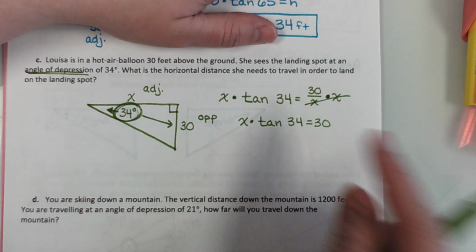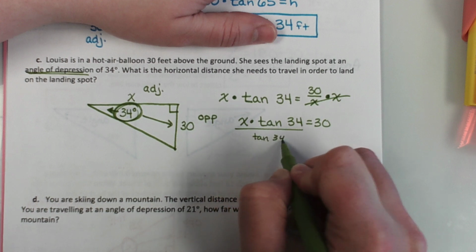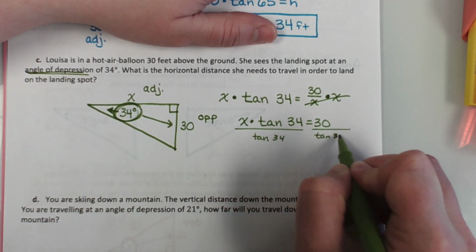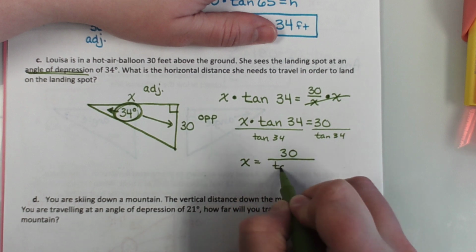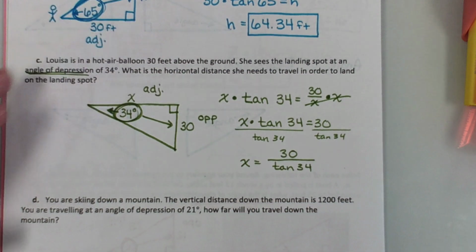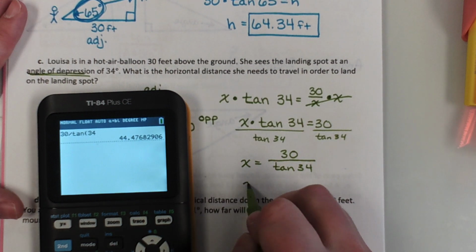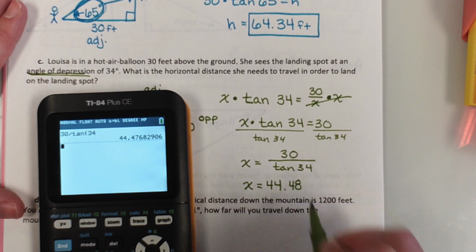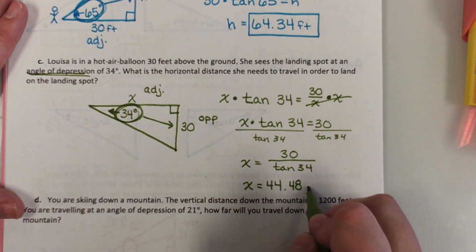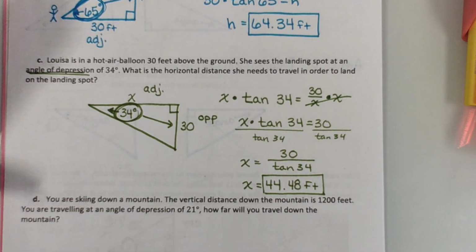But it's being multiplied by something. To undo multiply, divide. X is equal to whatever 30 divided by tangent of 34 is. X is 44.48 units. Feet. It's a length, and we measured length in feet on this one.